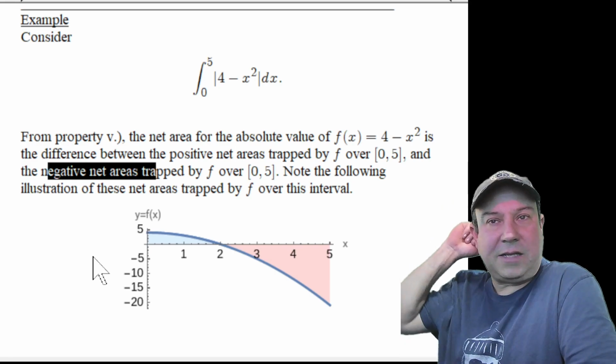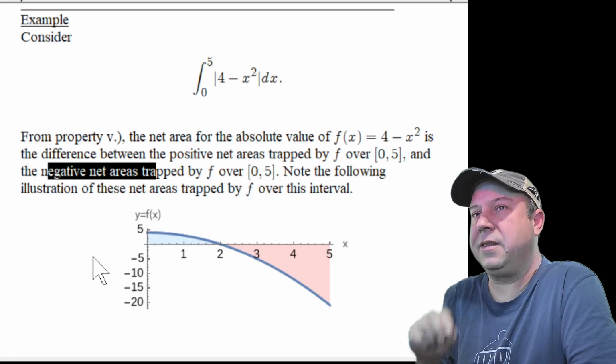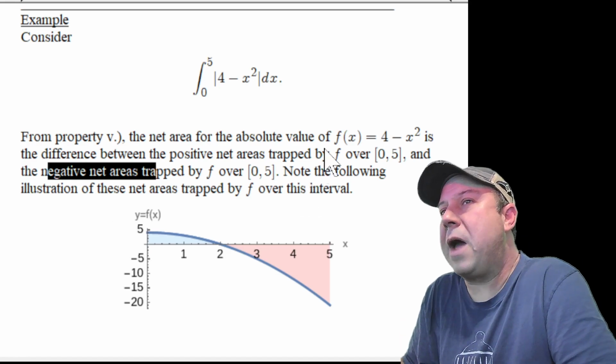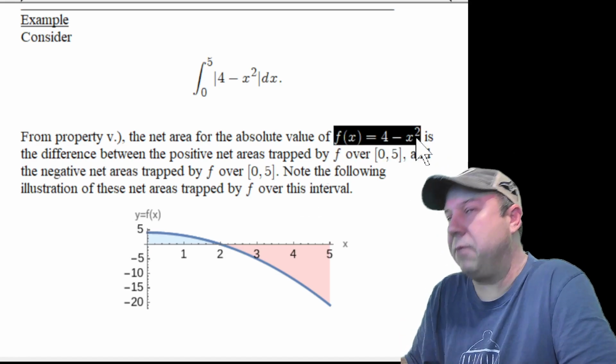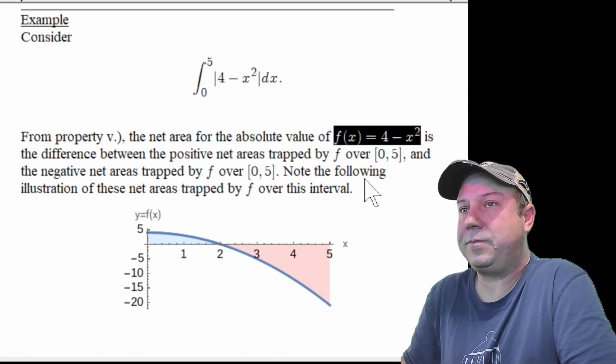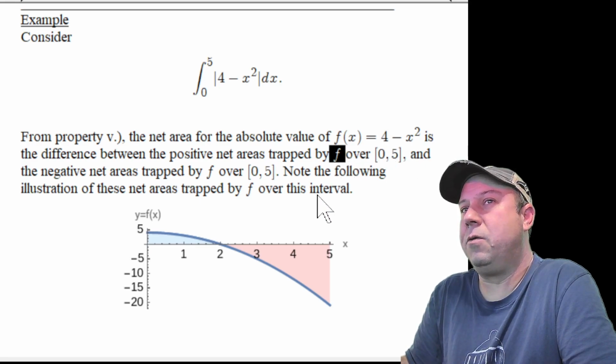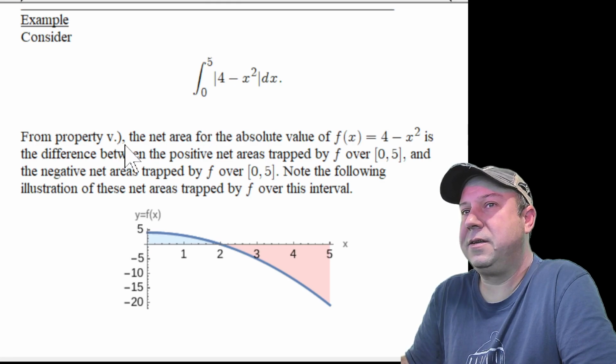It's going to, in a sense, be the physical area of the space we are calculating the net area for, trapped by the function without the absolute value in the calculation. For just function f alone, not for the absolute value of f of x.